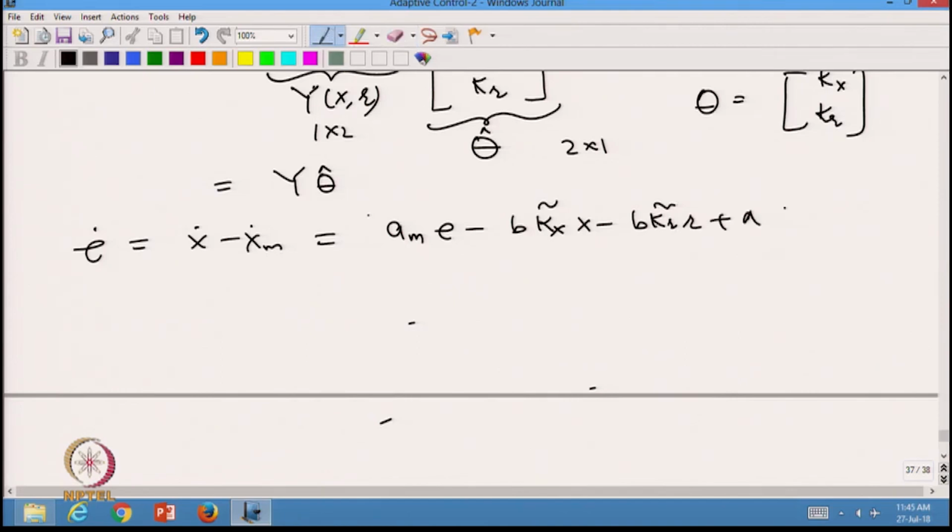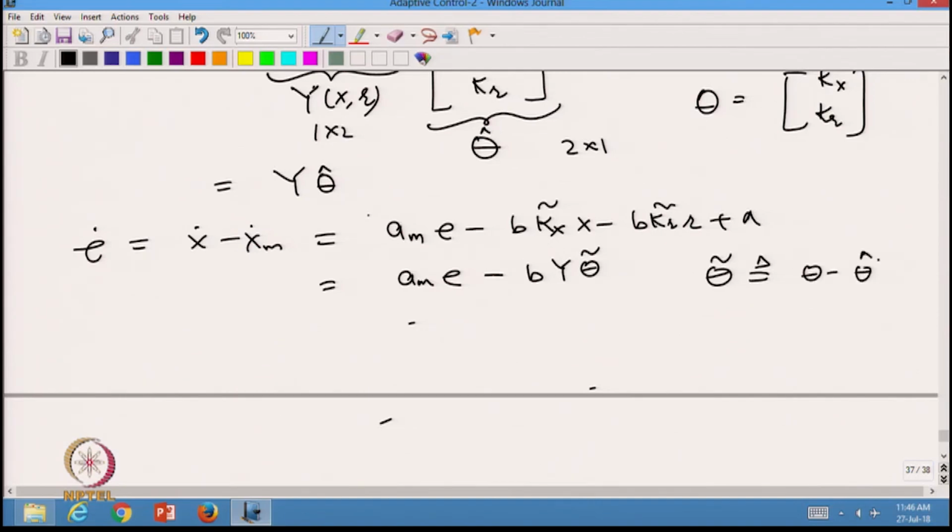But now since we have combined kx hat and kr hat into this vector theta hat, we can do this a little differently, and what we get is minus b y theta tilde, where theta tilde is defined as theta minus theta hat.